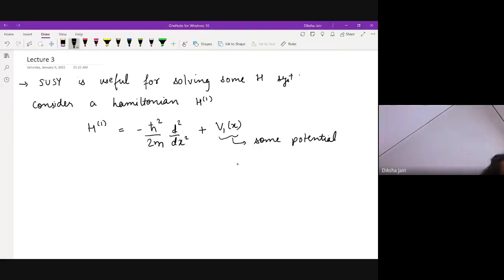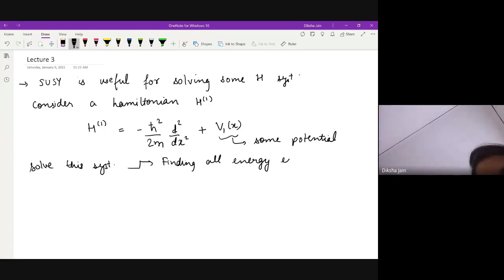Now I want to solve the system. What I mean by solving this system is finding all energy eigenvalues and the corresponding wave functions, the corresponding eigenstates.